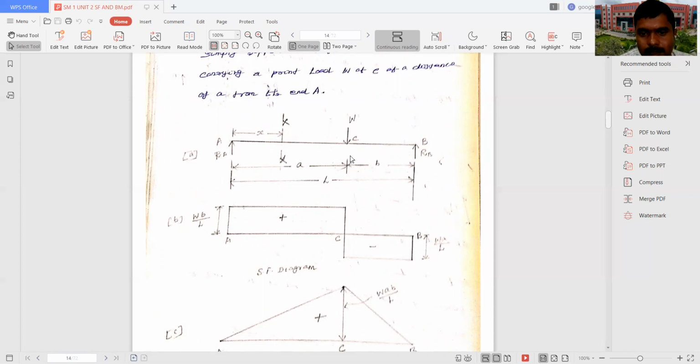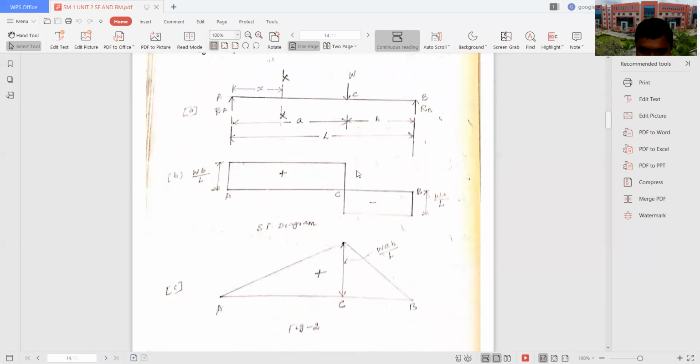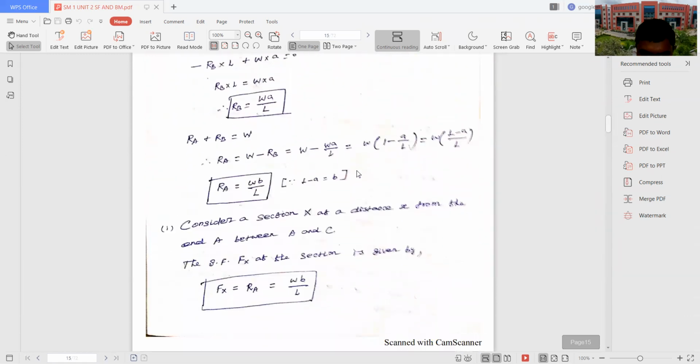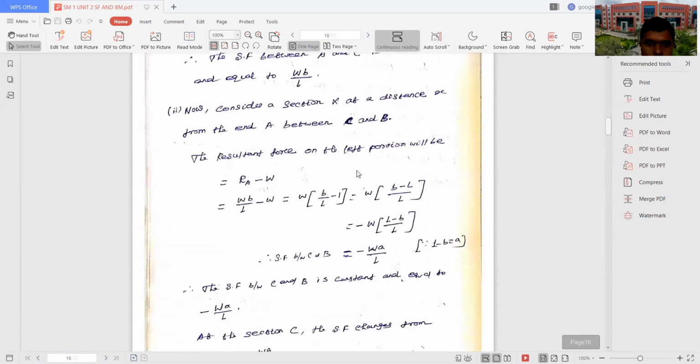Again, I want to calculate here. So I can take the section here. Therefore, RA, that is WB by L, upward, positive, minus this W value. Therefore, WB by L minus W. So here you can see WB by L minus W. Therefore, W you can take outside, B by L minus 1.